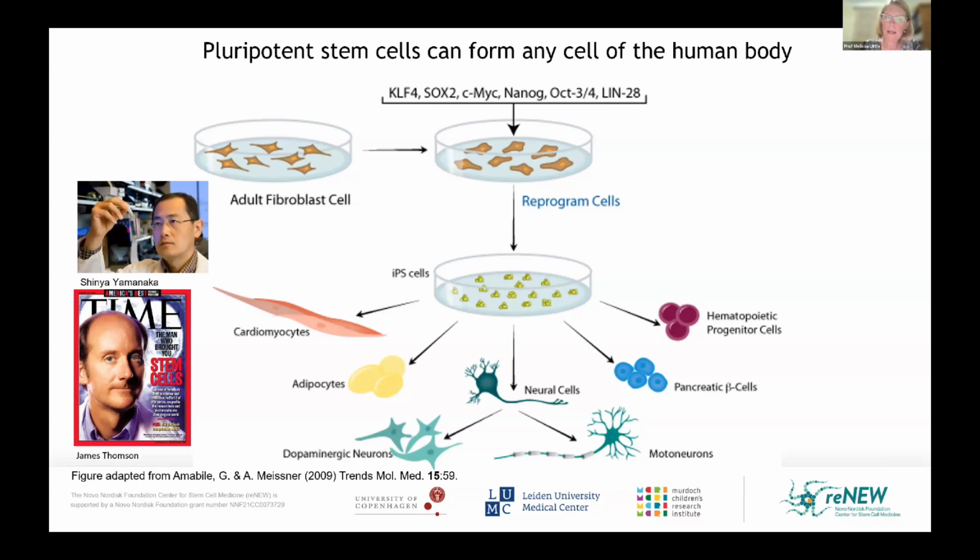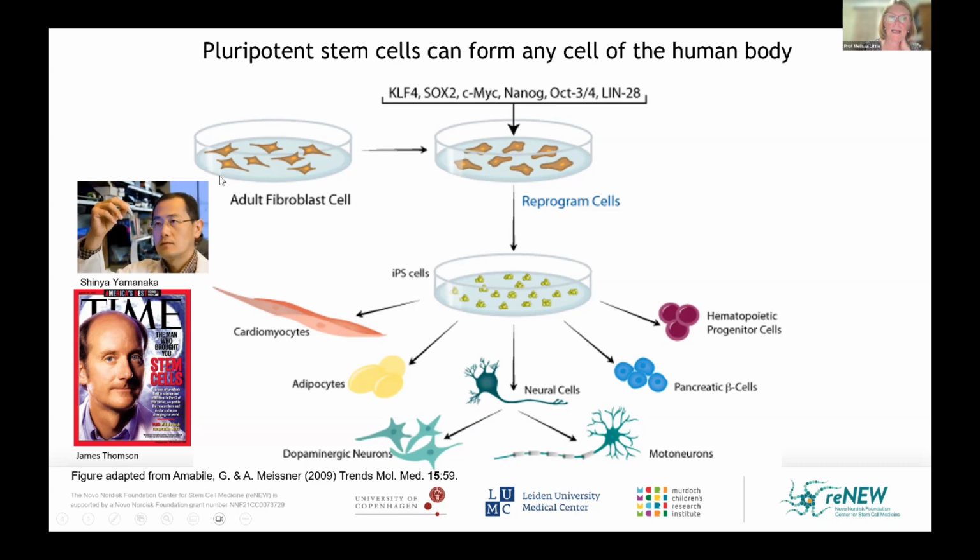But in the mid-2000s, two researchers, Shinya Yamanaka in Japan and James Thomson in America, showed that the molecular cues that are able to take any cell back to that state of being completely open to turning into any other cell state, that is, the genes needed to make any cell pluripotent, could be defined.